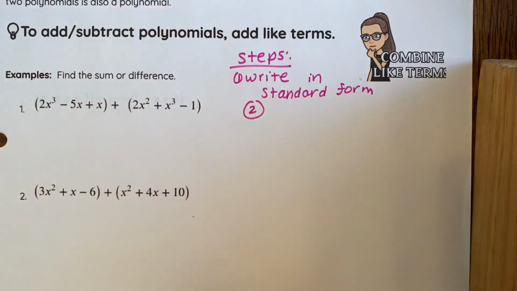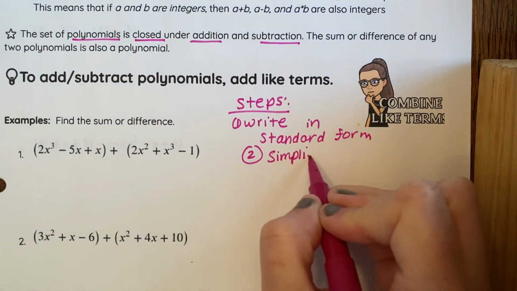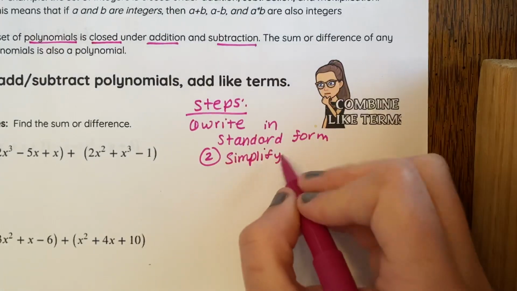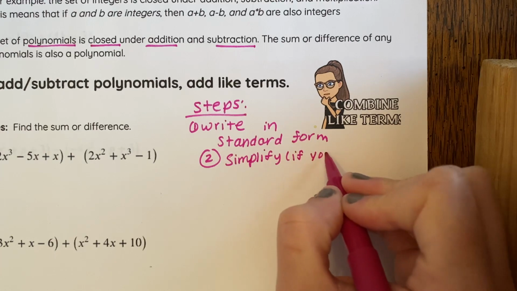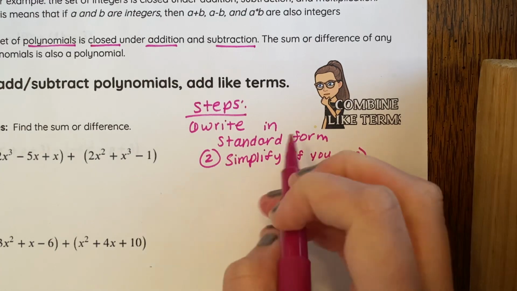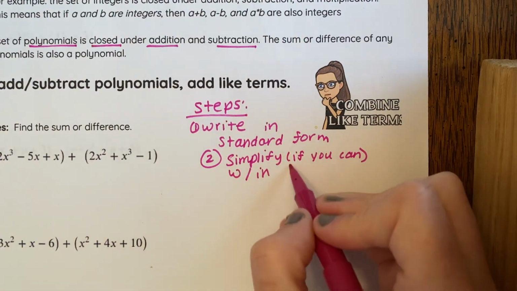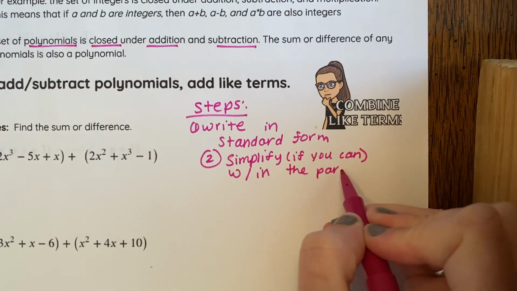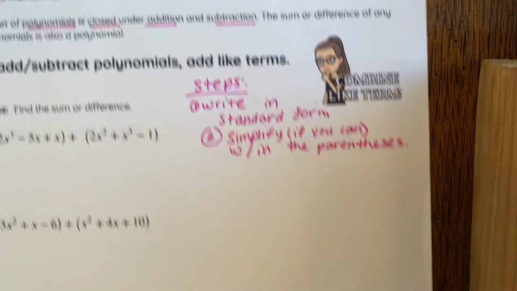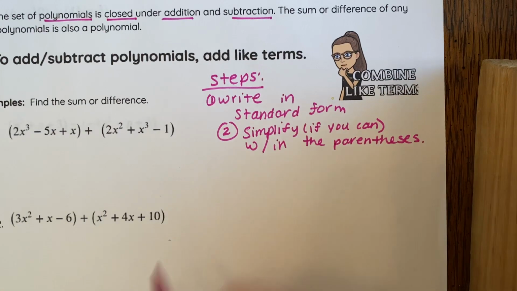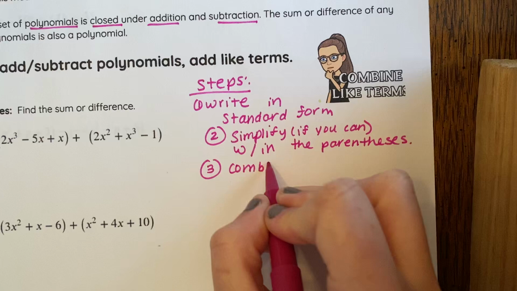Our second step is going to be to simplify if you can within the parentheses. And then the last step is going to be the combine like terms step.